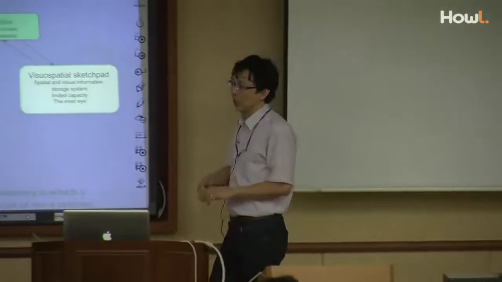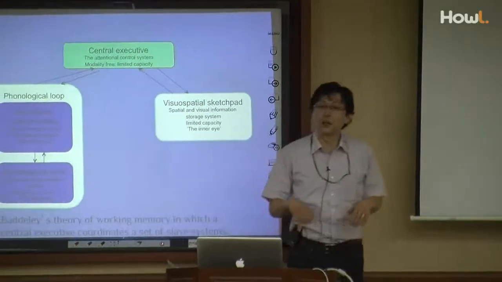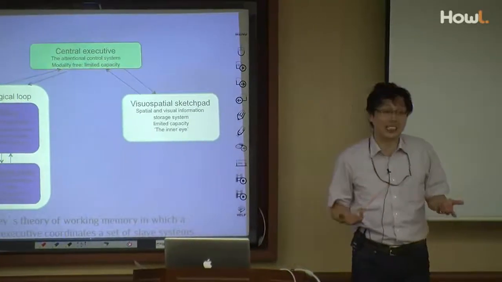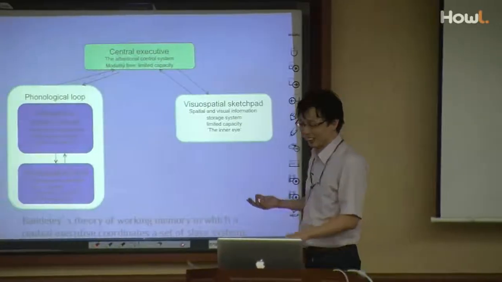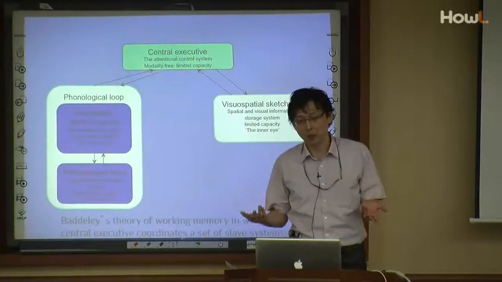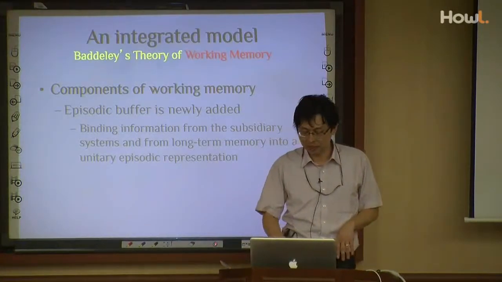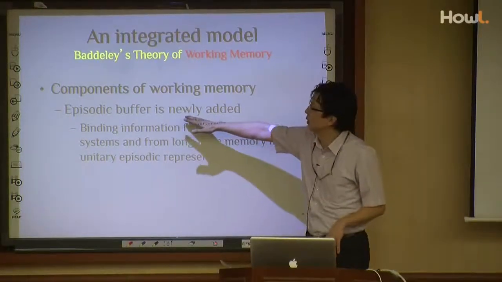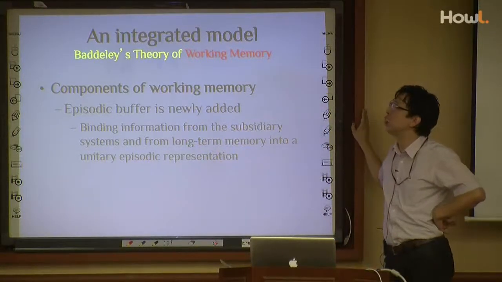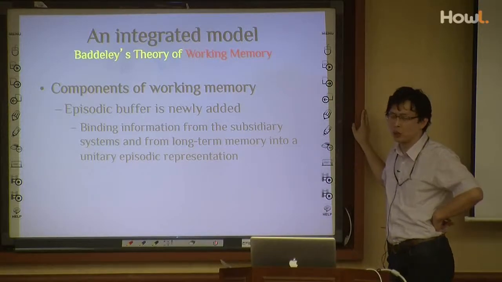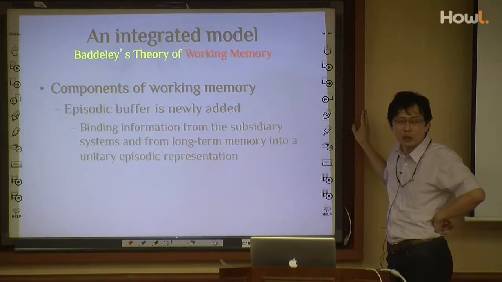You get it? But that is only the 1980s and 1990s, so he needed to improve this model significantly. That's why the episodic buffer was newly added in 2002, I guess, 2003.